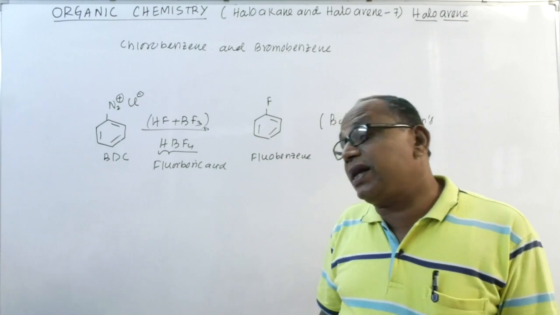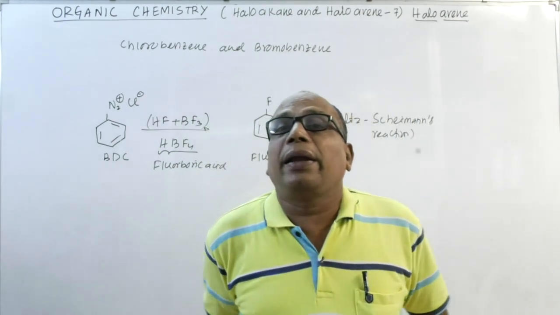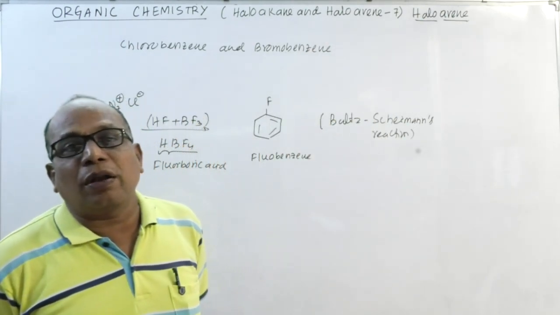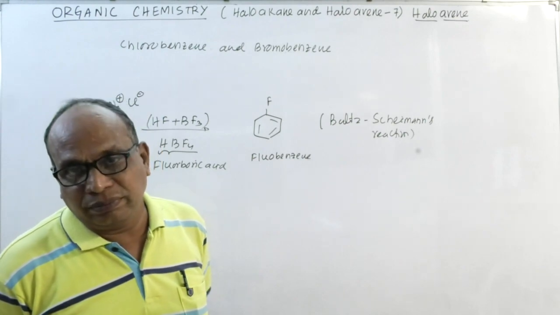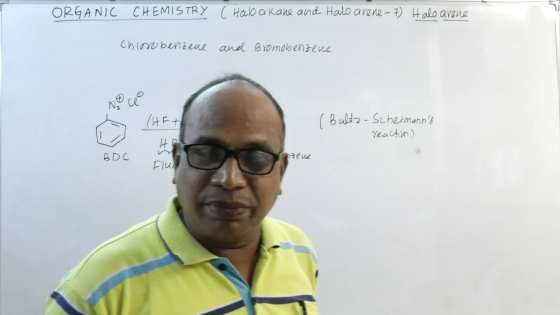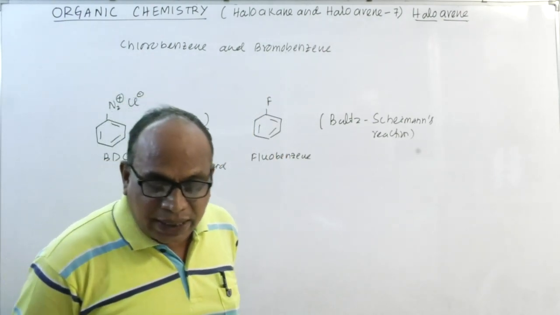And what is the Balz-Schiemann reaction? In this reaction, benzene diazonium chloride can be converted into fluorobenzene by the action of fluoroboric acid, means HF plus BF3. Okay, students.